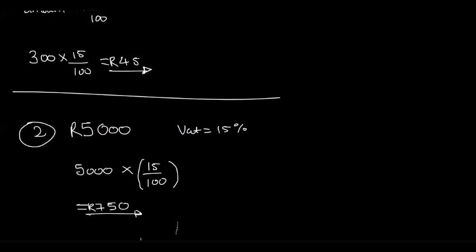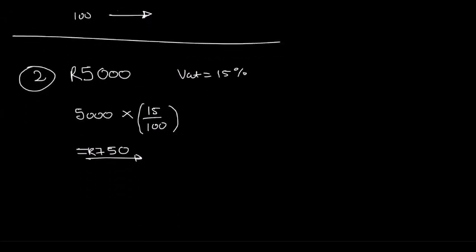Okay, so what if they ask you how much is the amount that you have paid excluding the VAT? If they say excluding the VAT, it means that you need to take your original amount minus the VAT amount.